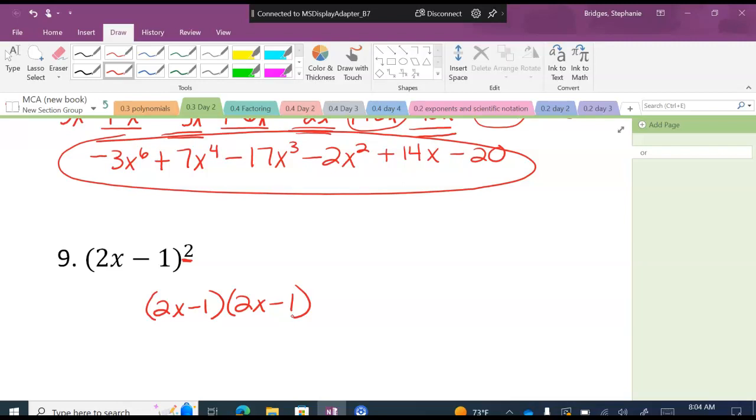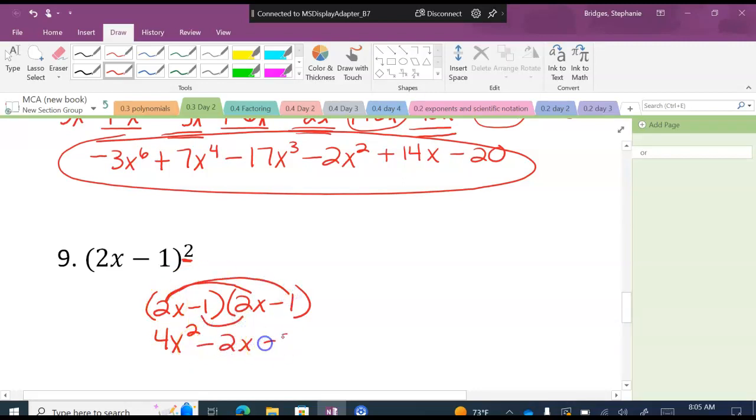This is the last one. So we distribute 2x times 2x is 4x squared. 2x times negative 1 is negative 2x.